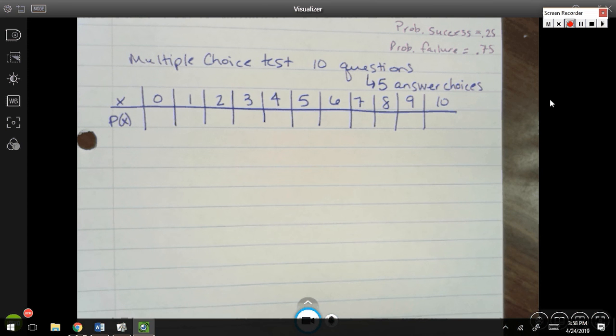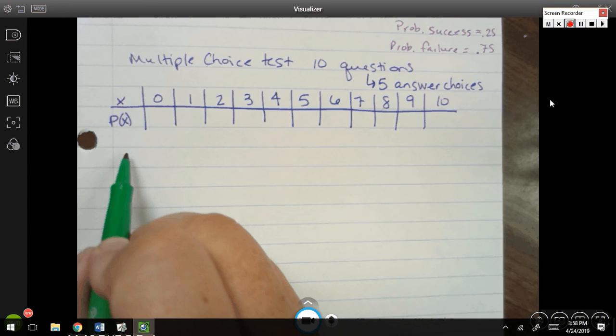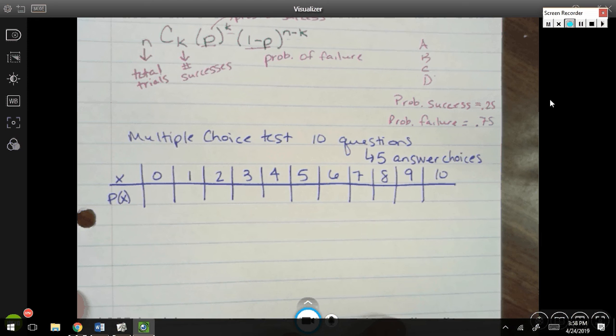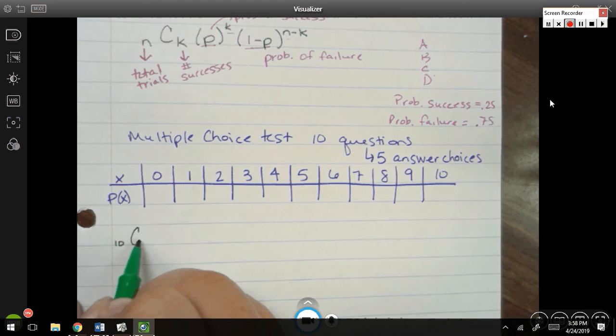Okay, so my first question is, what's the probability that you take this 10 question test, you randomly guess on the whole thing, and you get no questions right at all? Well, remember my formula here, my nCk, 10 questions, choose none.